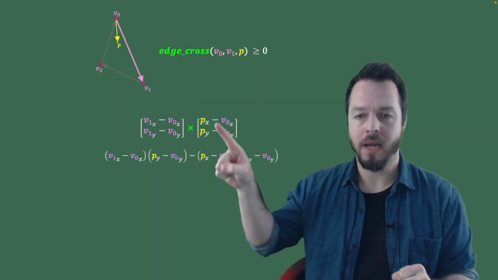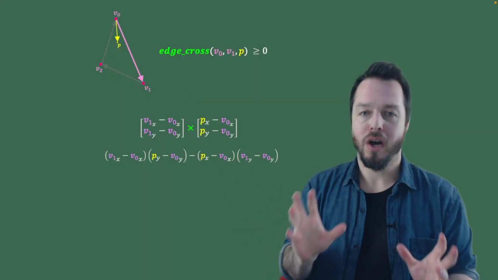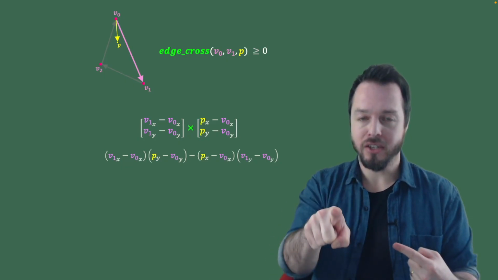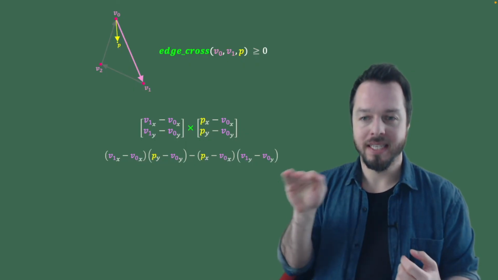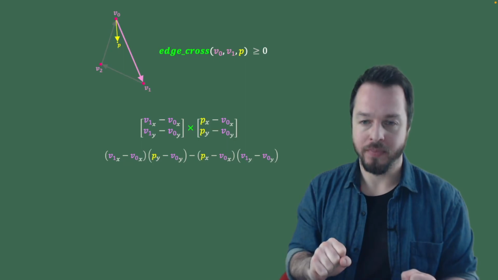So we basically cross multiply minus cross multiply. It is the magnitude of the z component of that imaginary vector that is perpendicular to the screen. This is the 2D cross product hack that we were using.